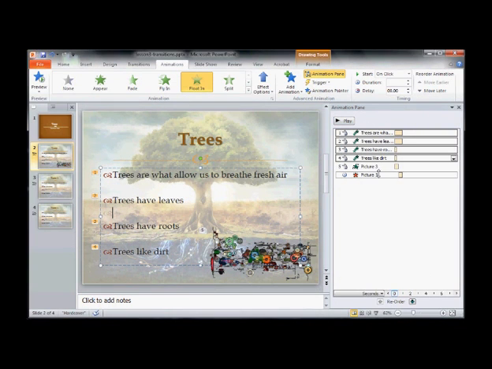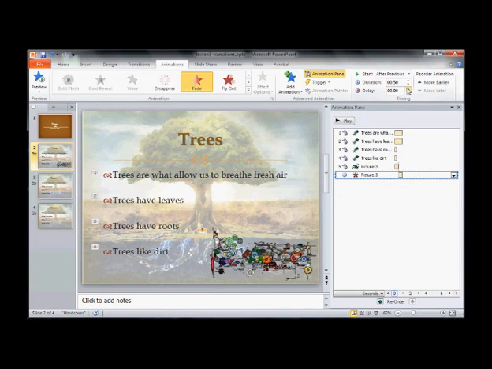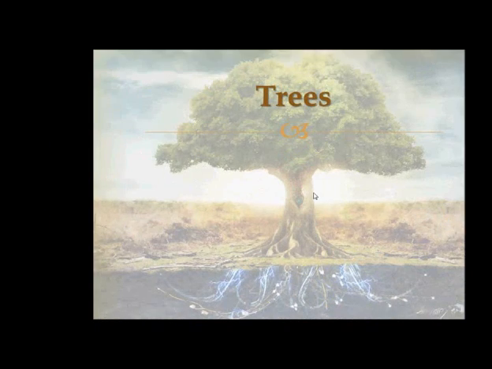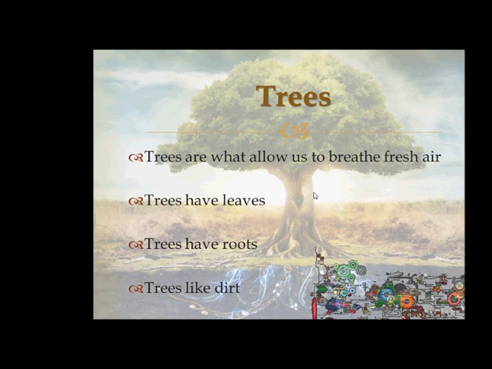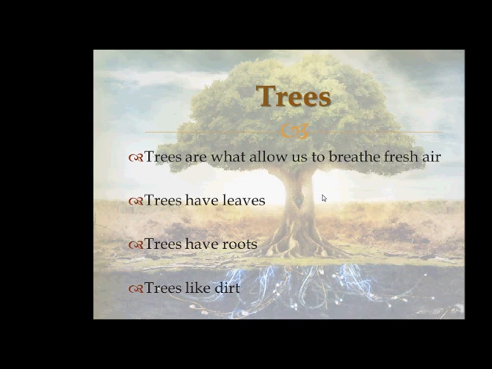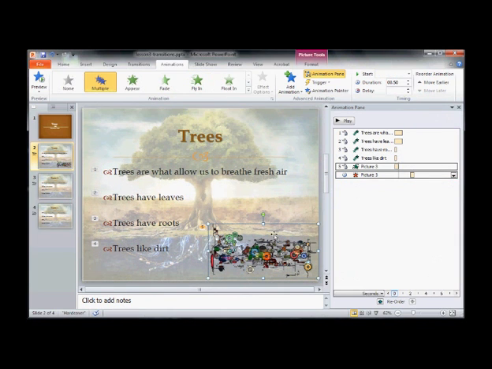If we click on this fade and then change the delay to 1.5 seconds and press Shift F5, now when we look at our slideshow, it comes in, and then it's gone.